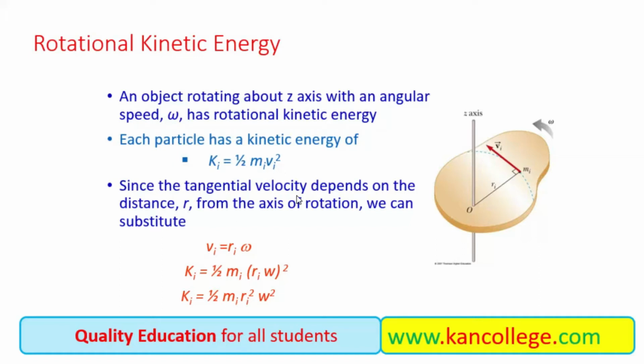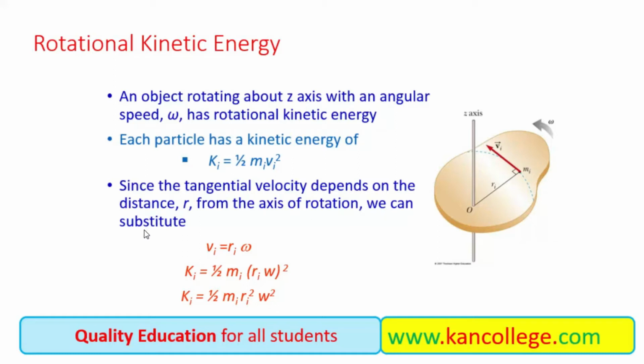Since the tangential velocity of every particle, where is the tangential velocity of this mass? That is in the direction of this red vector. The tangential velocity of every particle depends on the distance r from the axis of rotation.